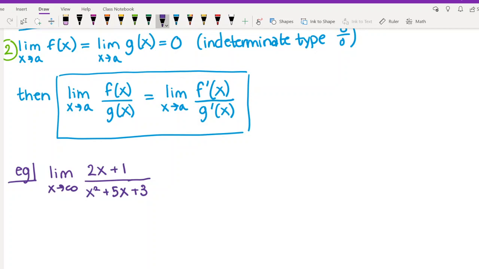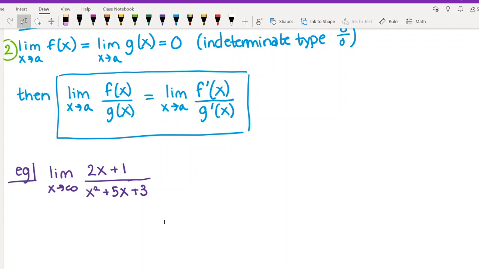I want to give you some intuition behind why L'Hopital's rule makes sense. If you think about it, when you have a limit where both the numerator and denominator are going to infinity, you want to figure out which one is growing more quickly. If the denominator is growing more quickly, that's going to bring the whole limit down to 0. If the numerator is growing more quickly, the limit ends up being infinity or negative infinity.